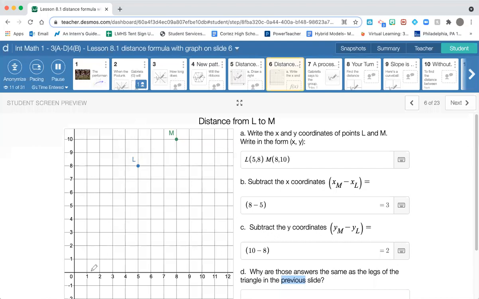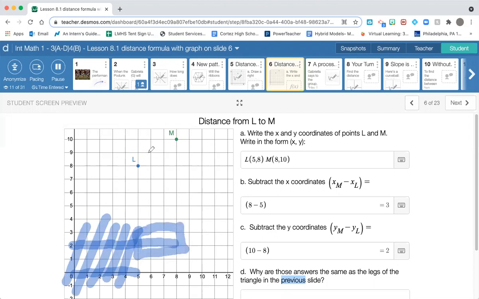Didn't we say that our X coordinate for L was 5, but the X coordinate for M was 8? And we kind of got rid of this portion that wasn't used, which would be pretty much getting rid of 5 units, leaving this sweet spot here of 3. That's kind of what we just did.